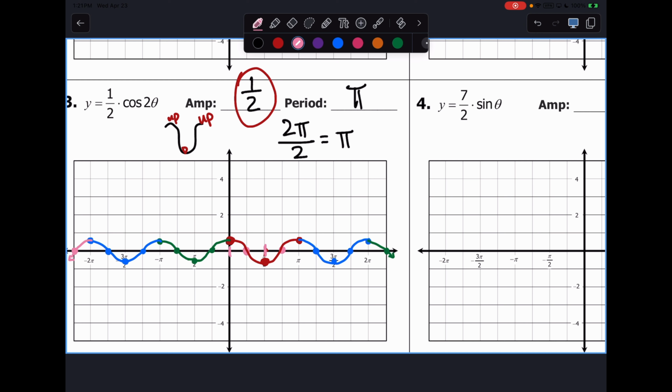I did it in different colors on purpose for you. You do not have to do it in different colors on the test. Okay? I'm just doing it in different colors so you can see each period very clearly. Okay? So I can fit 1, 2, 3, 4 full cycles of the same period. Does that make sense? Okay.